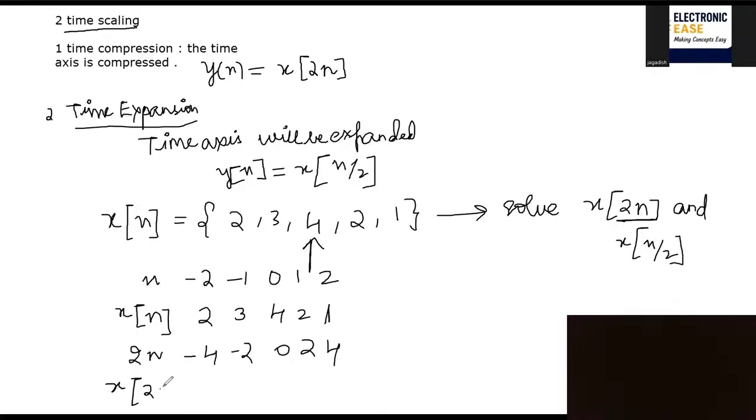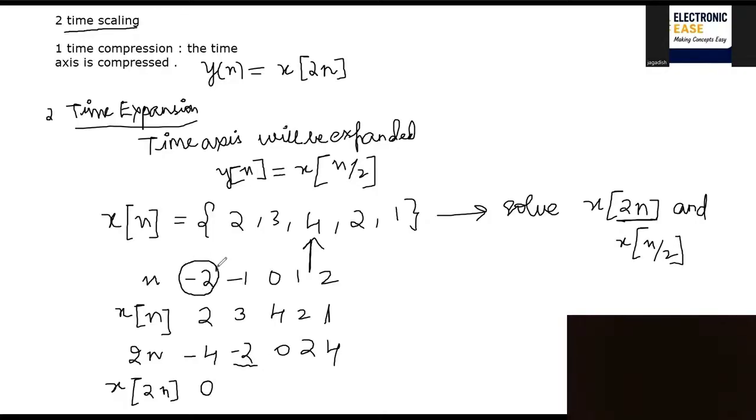Now we have to find out the x of 2n value. At -4, do you have any value of n, students? At -4, are you able to see any value of n? No, sir. So then I have to substitute here as 0. At -2, can I see any value?